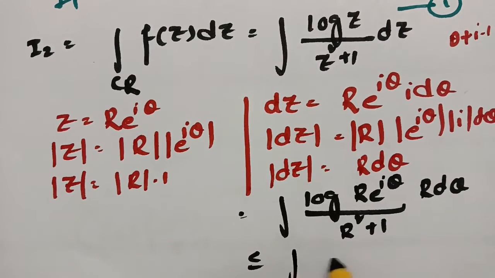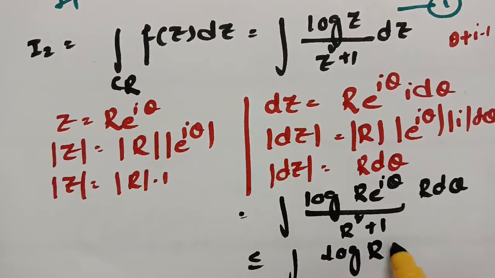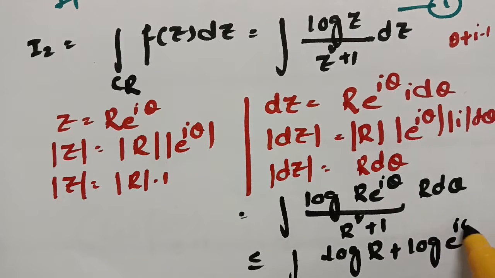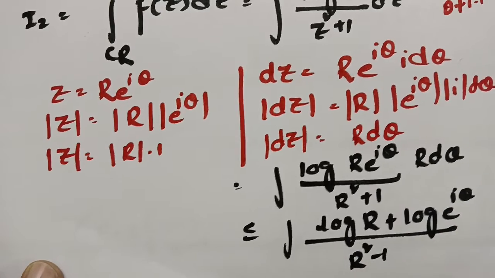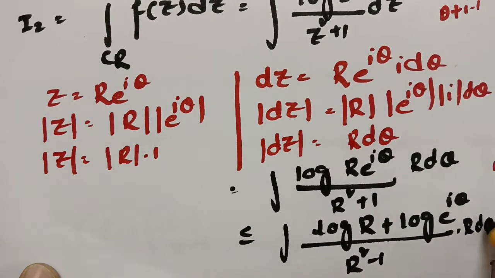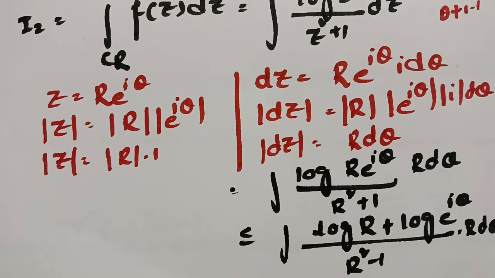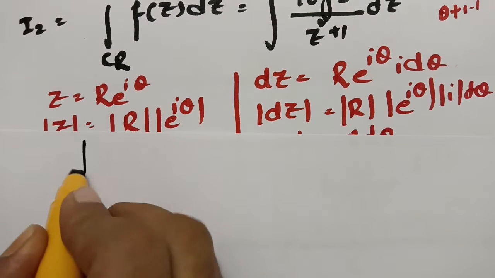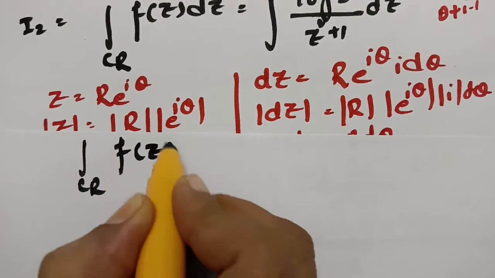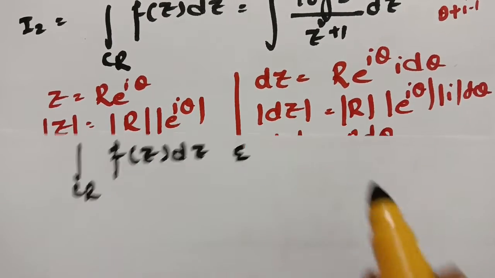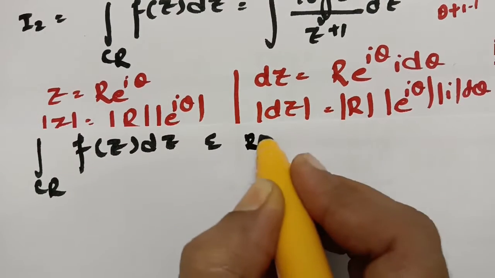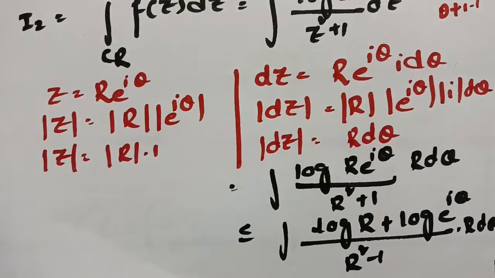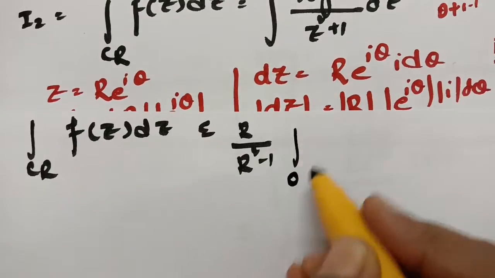So this is less than or equal to log r plus log e^(iθ), over r² minus 1, into dθ. So the integral over C_R of f(z) dz is less than or equal to r by r² minus 1.